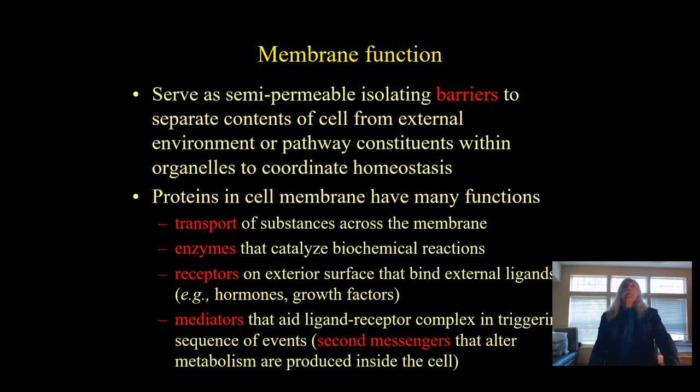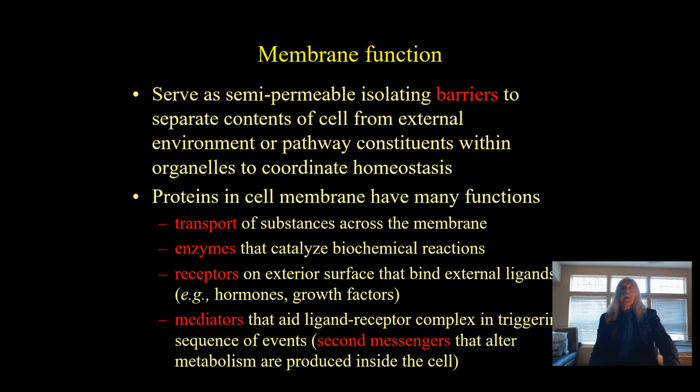So, okay. Proteins in the cell membrane can be transporters of substances across the membrane. Hello, that caveolin discussion we just had, and that binding protein we just talked about. You can get enzymes that catalyze biochemical reactions, like what? Sphingomyelinase, GTPase, ATPases. Receptors on the exterior surface bind external ligands.